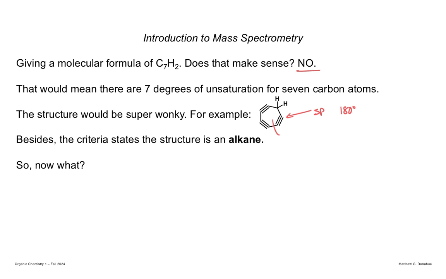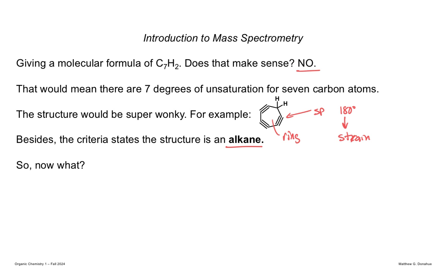We're showing a ring, so naturally that bond angle is going to be quite constrained, as you see in the drawing. So there's going to be quite a bit of strain in this molecule, and that's bad. We'll talk about strain in Module 3. But ultimately it doesn't obey what we're given in the question.